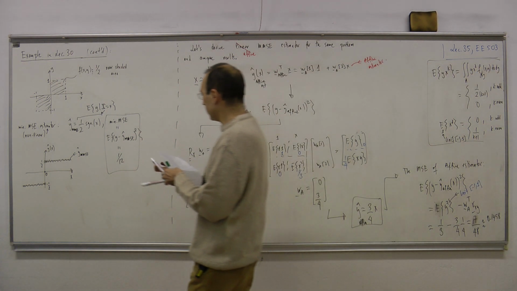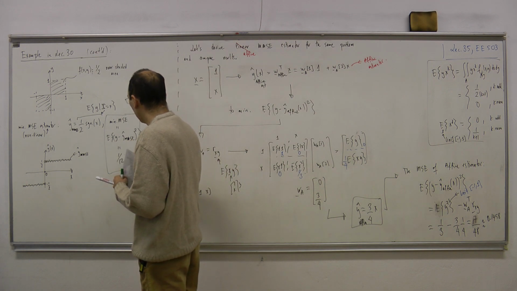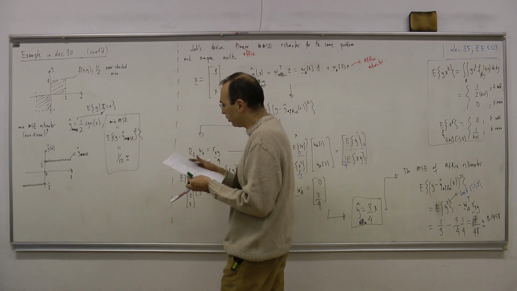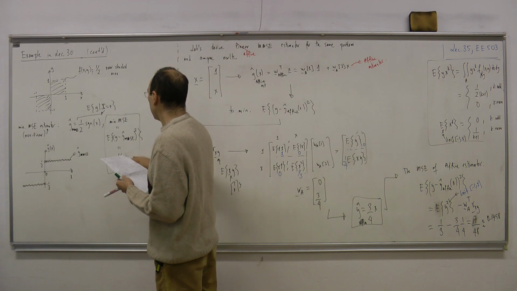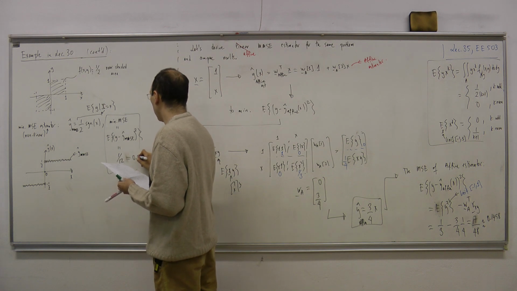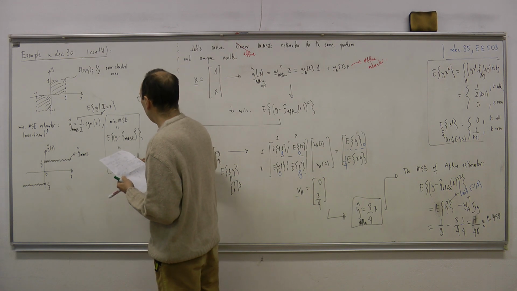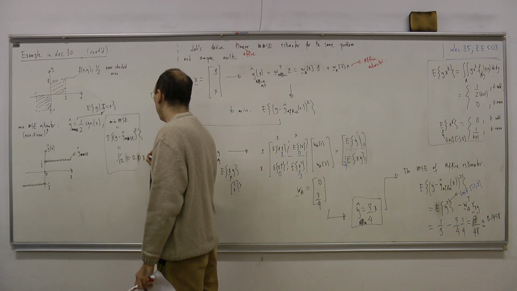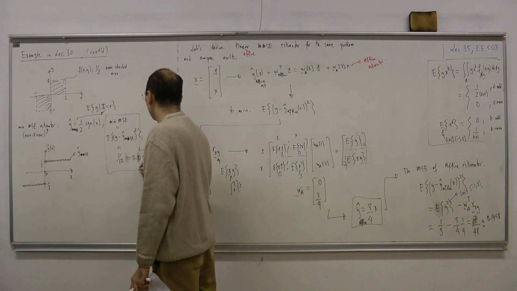So how about this? 1 over 12. This is actually exactly equal to 0.083 bar. Okay.